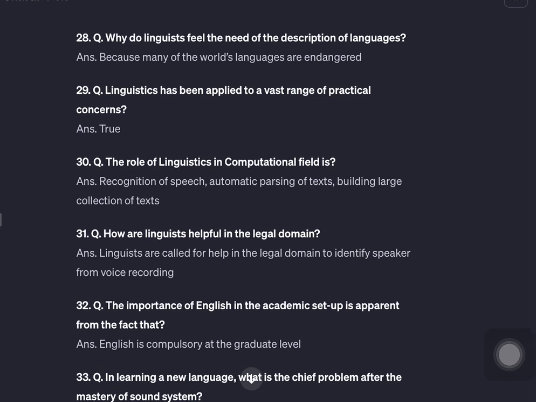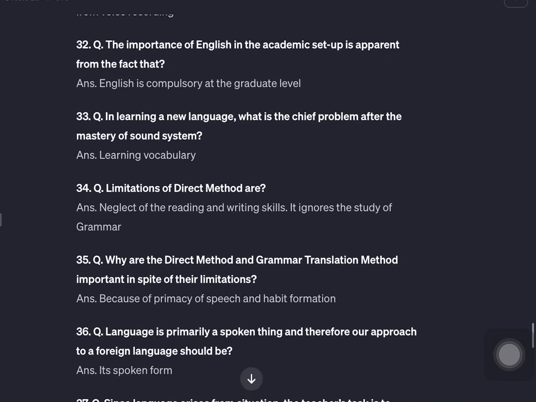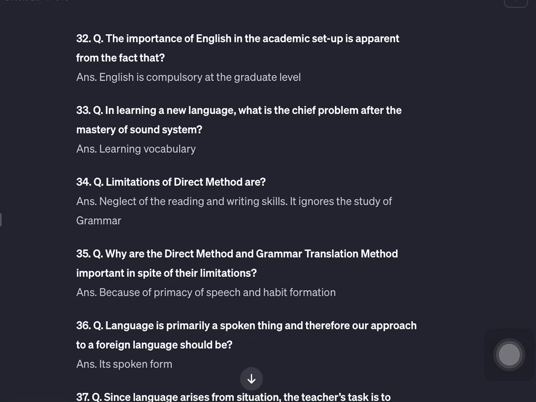31. Q. How are linguists helpful in the legal domain? Ans. Linguists are called for help in the legal domain to identify speaker from voice recording. 32. Q. The importance of English in the academic setup is apparent from the fact that? Ans. English is compulsory at the graduate level. 33. Q. In learning a new language, what is the chief problem after the mastery of sound system?